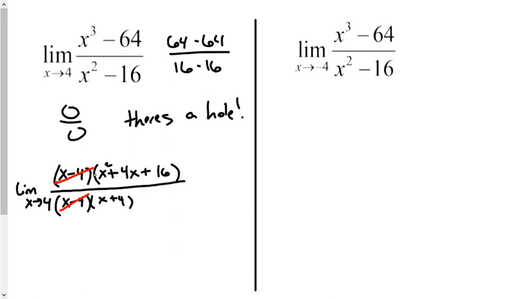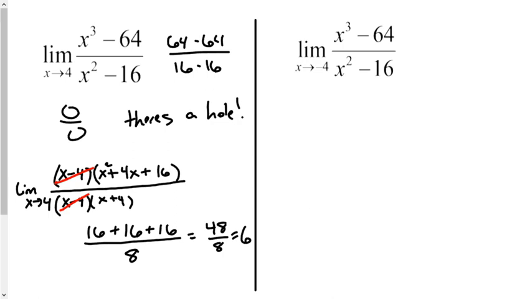There we go, that's better. So now I'm going to get 16 plus 16 plus 16 all over 4 plus 4, which is 8. All right, now if I remember right, that's 48 over 8, which is 6. So the limit as this function approaches 4 is 6.